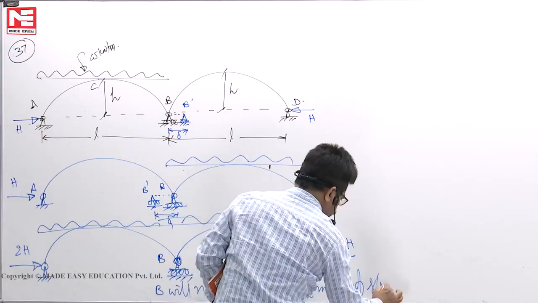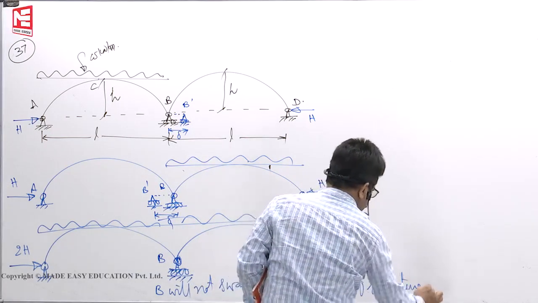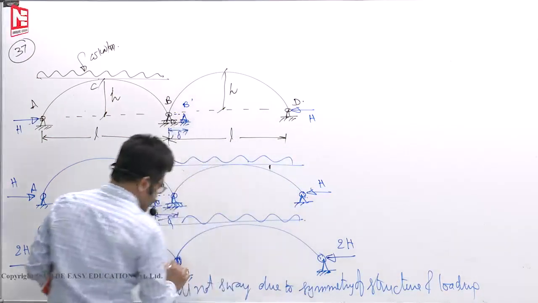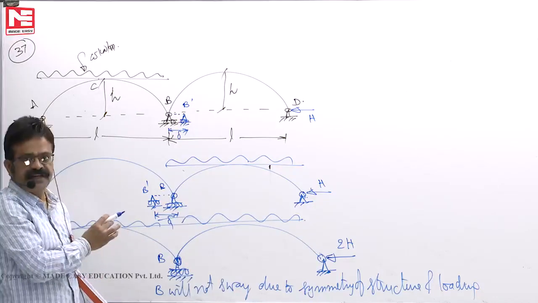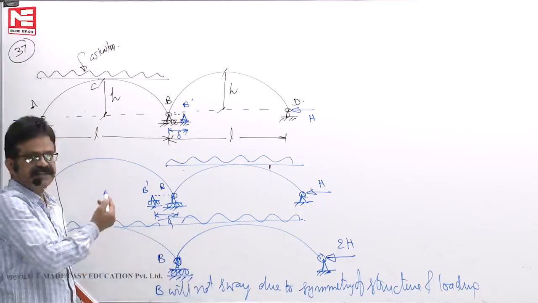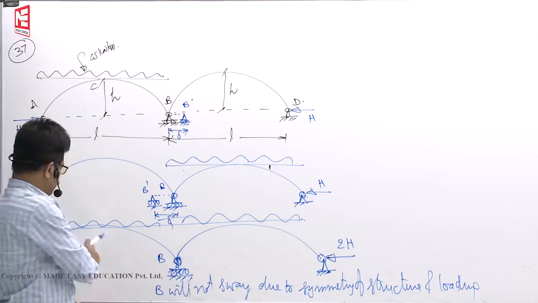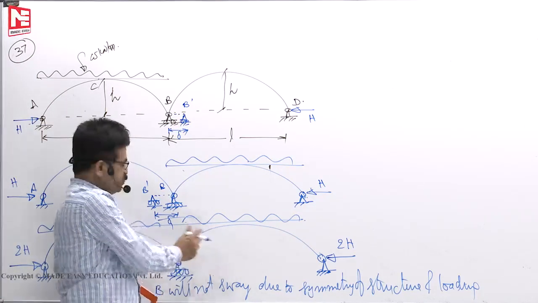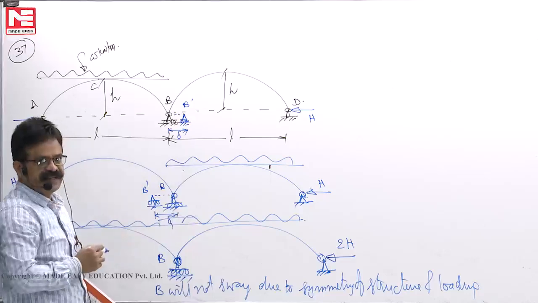Symmetry of structure and loading. But for this case, if it doesn't sway either to the right or to the left, we know how to calculate the reaction. WL square by 8H for this one, WL square by 8H. That means your 2H is WL square by 8H.